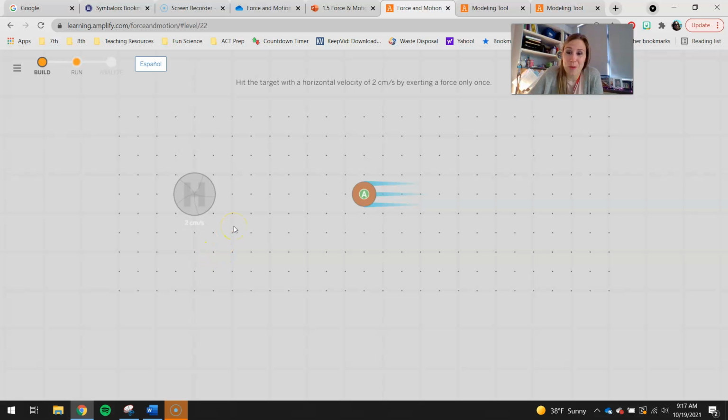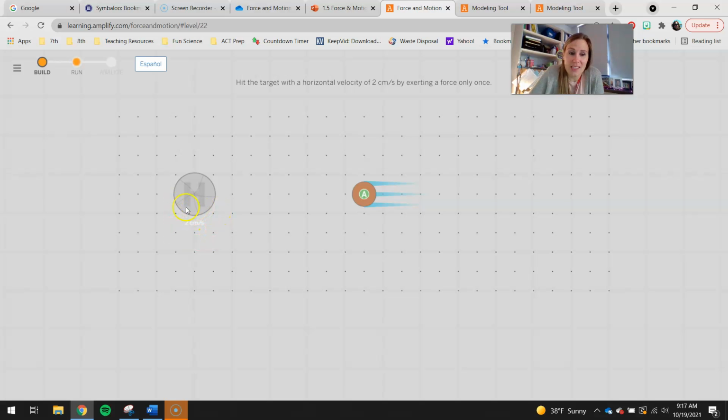Again, let me say that one more time. If your puck is moving to the left, we're going to consider that a negative velocity. So if this number right here was negative 2 centimeters per second, we would have our puck moving to the left. It would go negative 2 centimeters per second, and it would hit that target and go right in.